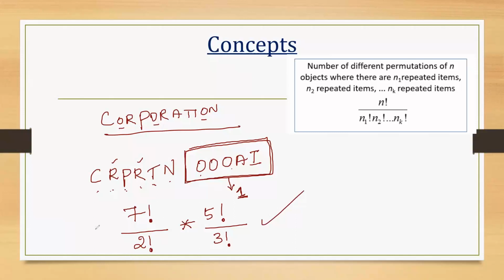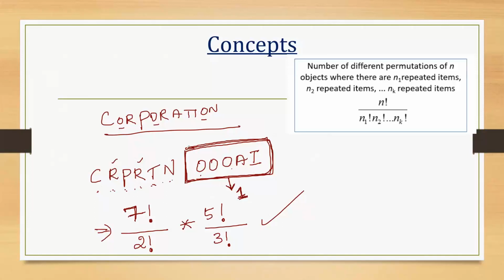Is it clear? So no need to find the exact value. Okay, so write the vowels inside the box. We have O 3 times and A and I, so take them as a single unit. Remaining, we have 6 letters plus this one, total 7, so 7 factorial. In that 7 factorial, we have R repeated 2 times, so divide by 2 factorial.